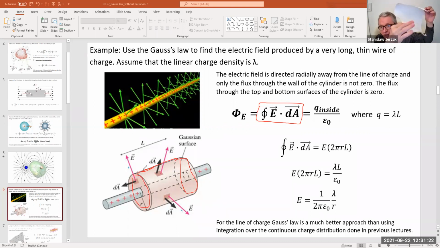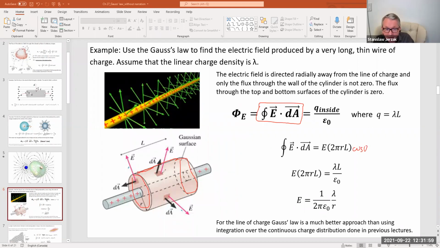When I unwind it, I get a rectangular area. This side is 2 pi r, and this side is the length of the cylinder. The area of that surface is 2 pi r times L. So the flux through that side surface is the electric field on that surface, which I called E, times the area, 2 pi r L, times cosine of 0, because the dot product involves cosine of 0.